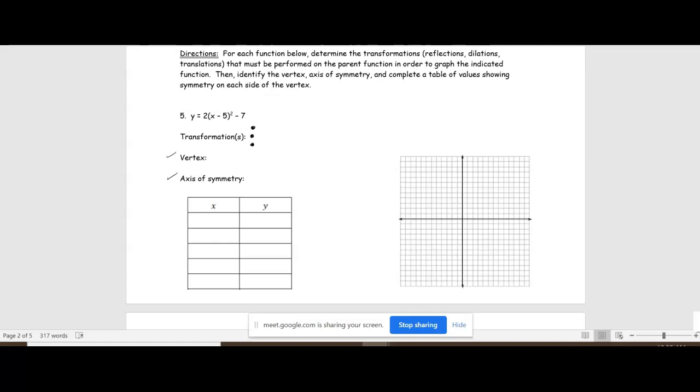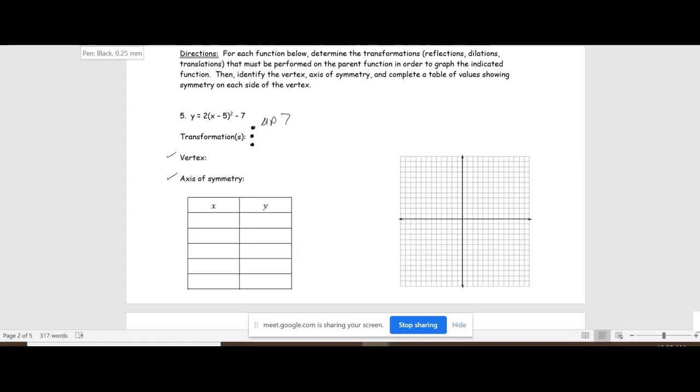All right, so Nico, give me one of the transformations. What's one of those 3 bullets? What happened to our graph? I said that it went down or up 7. Okay, you agree with Nico? Why is it up 7, Nico?